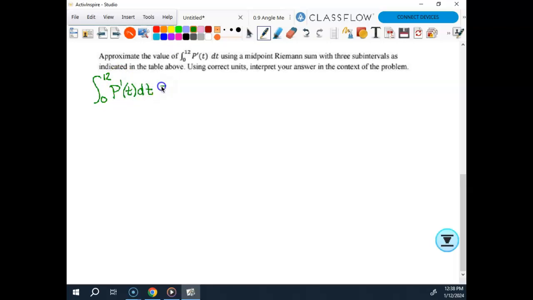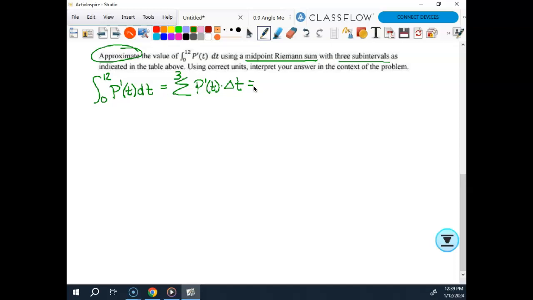That is equal to the sum of, well, it says we're approximating, that's how we know we're not actually doing the calculus behind it, midpoint Riemann sum with 3 subintervals as indicated. So we're going to have 3 rectangles, and we're going to do p prime of t times delta t. Okay, that's what we're finding.